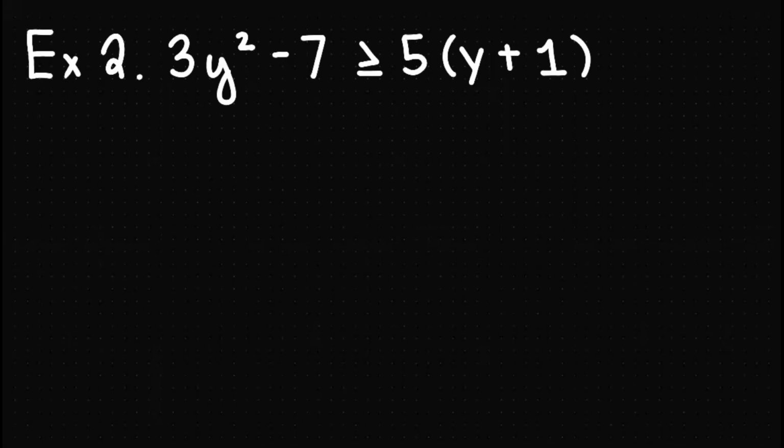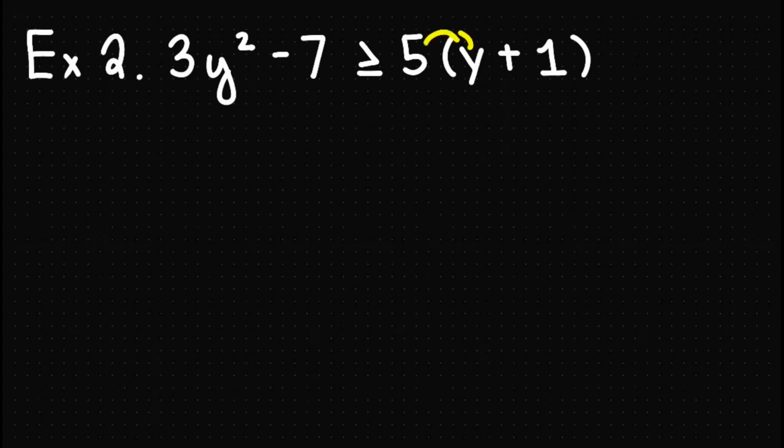There. Let's go on to our second example. In this example, we have 3y squared minus 7 is greater than or equal to 5 times (y plus 1). So applying the same idea, our first goal is to make one side 0 and move every term to the left side of the inequality.